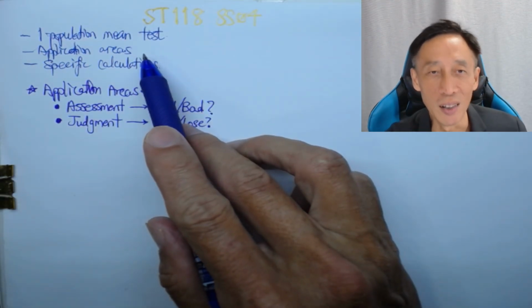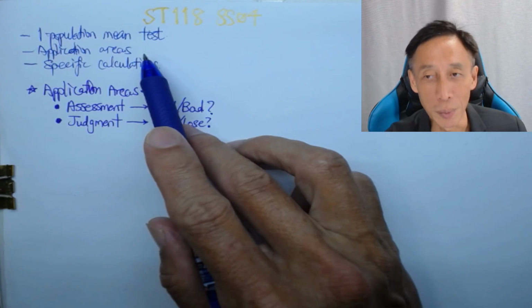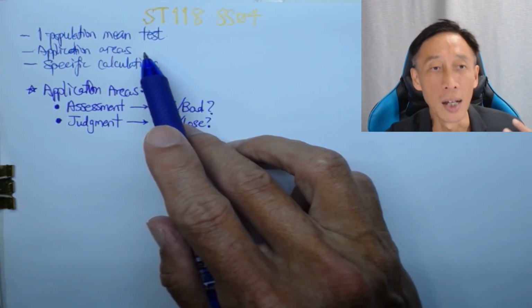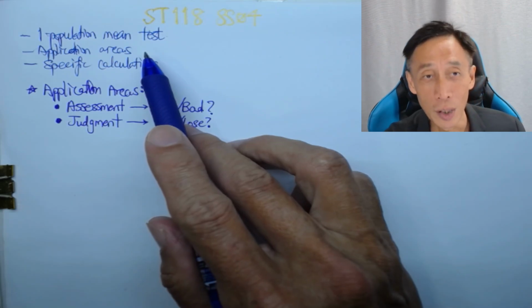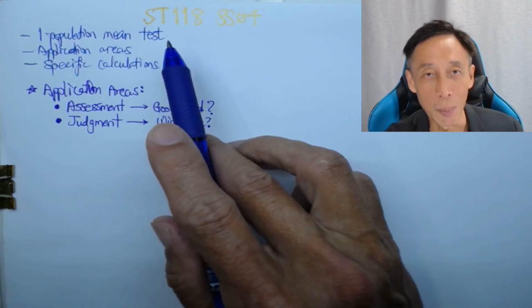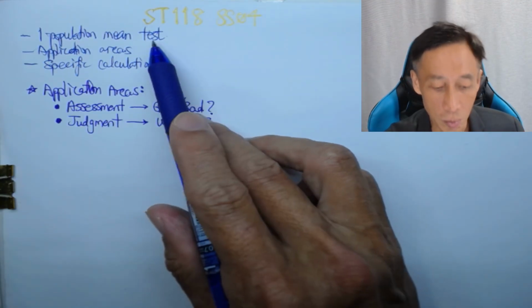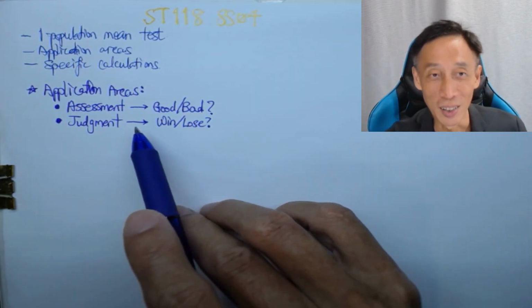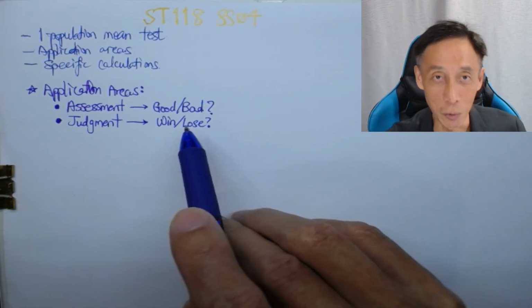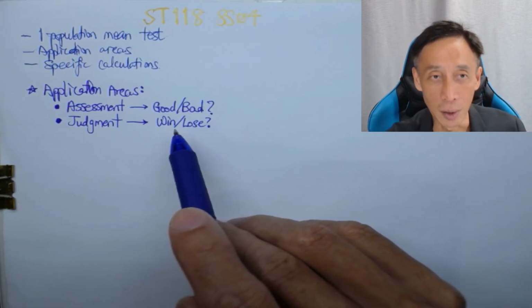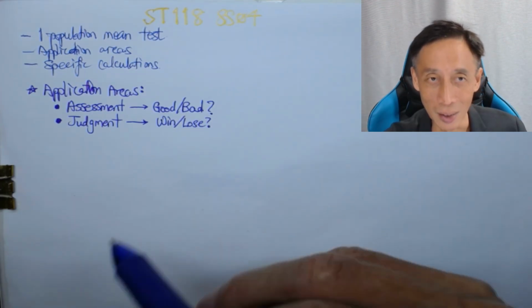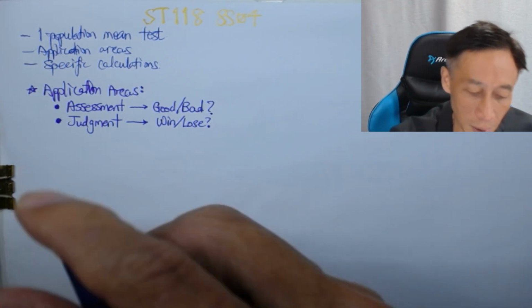You cannot be looking at the final marathon run because maybe that run the athlete didn't perform well, but there has been a few samples of his or her runs in the past, and if you consider them overall as a sample size of 4, let's say, then you do a one population mean test to judge whether the athlete qualifies or doesn't qualify, win or lose. Gets first prize or not, pass or fail. So in some sense, it's good or bad, but there is a consequence to it.